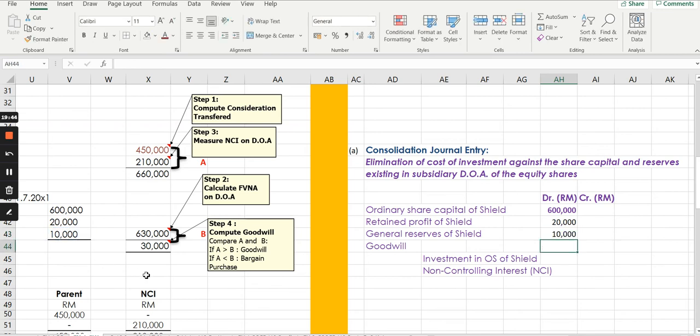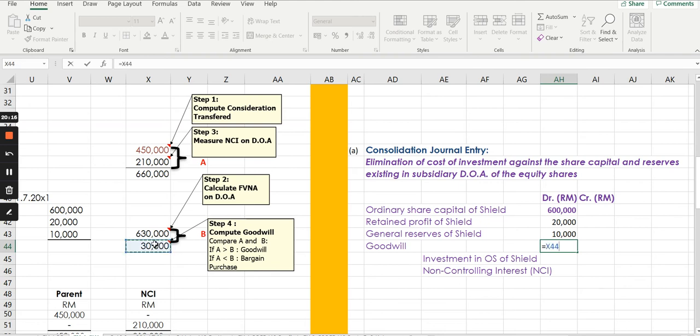And the goodwill we have already calculated. The goodwill is 30,000. So the investment in subsidiary will have to be cancelled off because they are now going to be part of the group. So it will be cancelled off against the net asset acquired, right? When you acquire the share capital, you also have acquired the net asset.